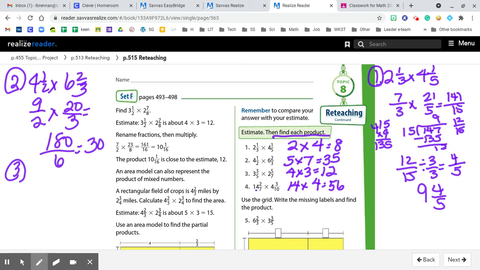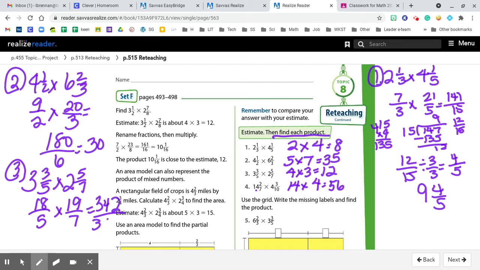Number 3, 3 3/5 times 2 5/7, 18/5 times 19/7. 18 times 19, let's see. 342 over 35 equals 9 27/35. Again, a lot of work.